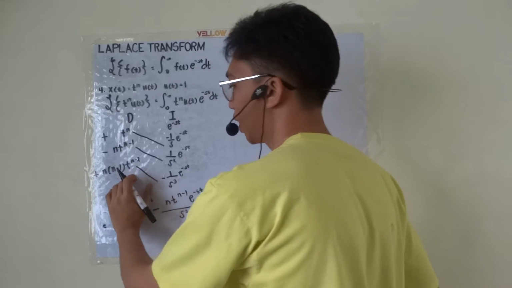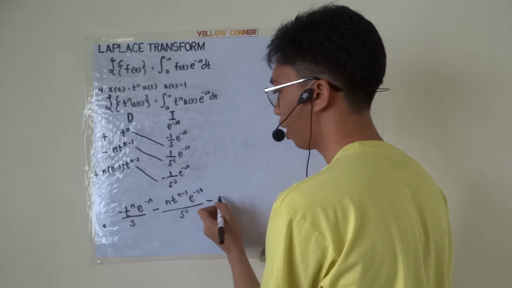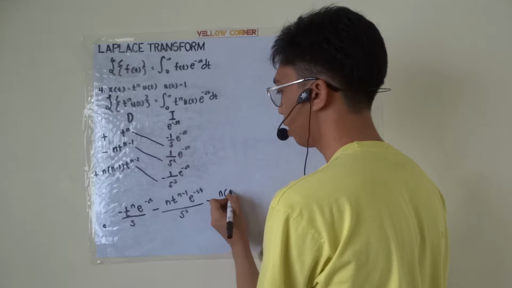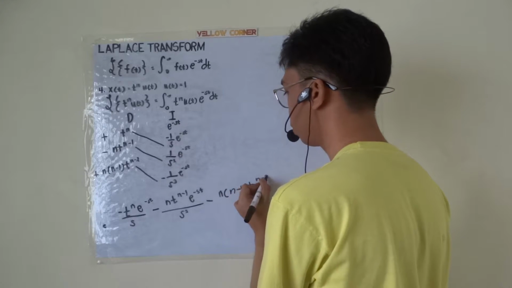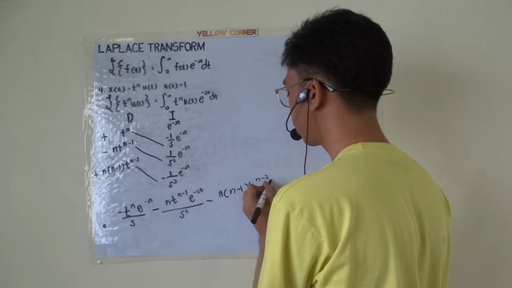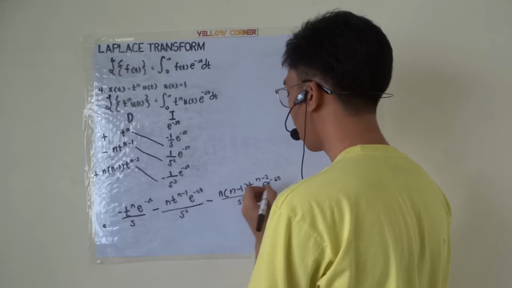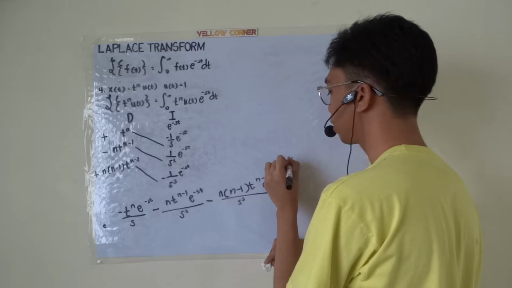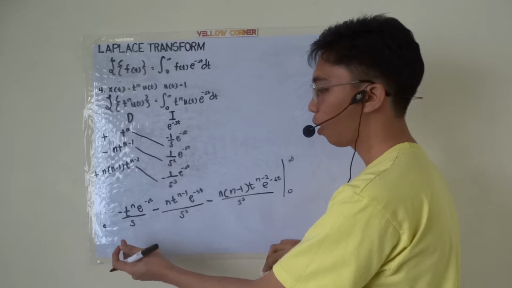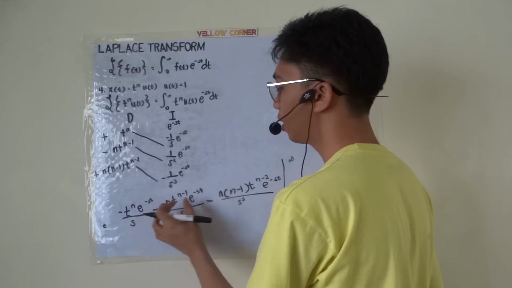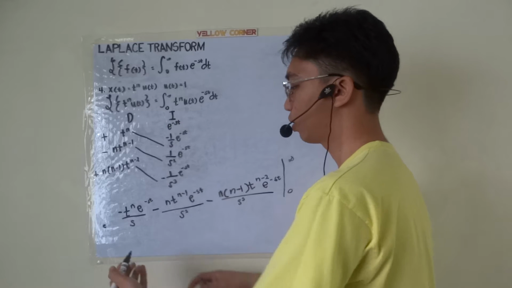Having multiplied these terms, we have a negative sign here, so we'll have negative n times n minus 1 t raised to n minus 2 e raised to negative st over s cubed, having the limits of 0 to positive infinity. Now simplifying these terms, based on our observation, we have seen that they have a common factor of e raised to negative st, our kernel of transformation.